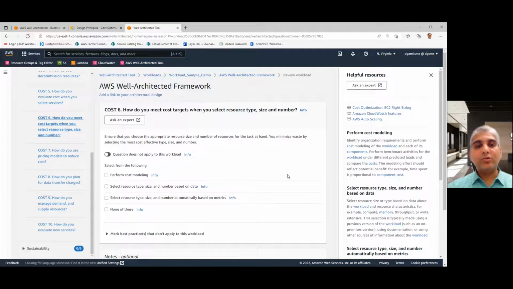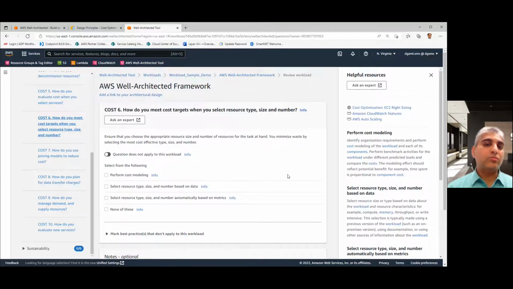And so doing some cost modeling, which is identifying your cost of a specific resource and then projecting it out to say, if I use this EC2 instance, which costs 10 cents an hour, for the whole month, then for 720 hours, it's going to cost me $72 for the month. I may need 15 of this kind of instance to do the work that I need to get done.